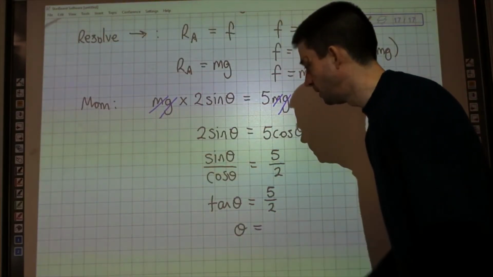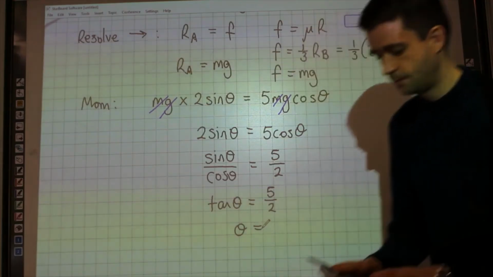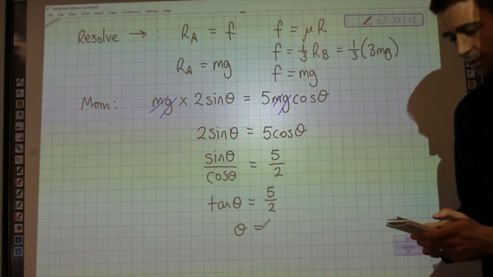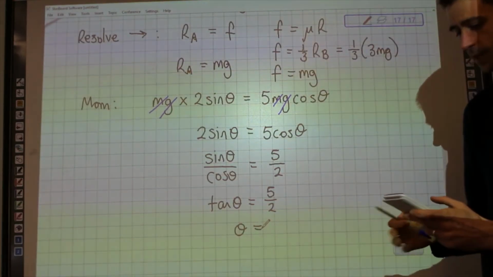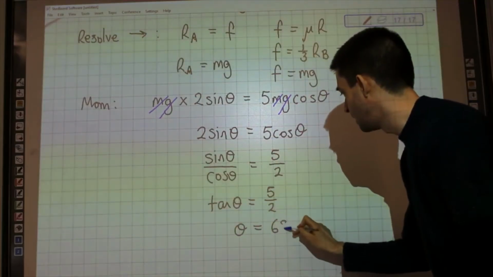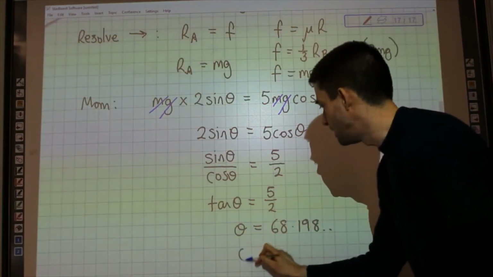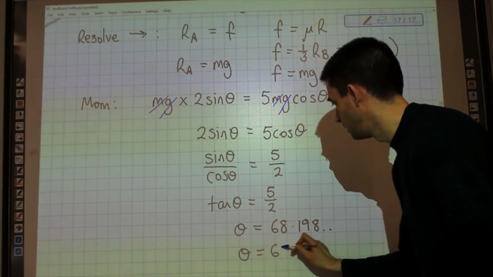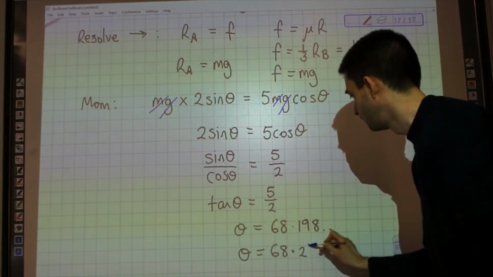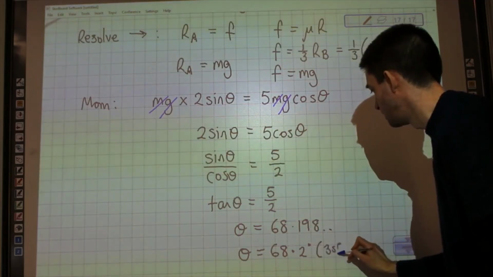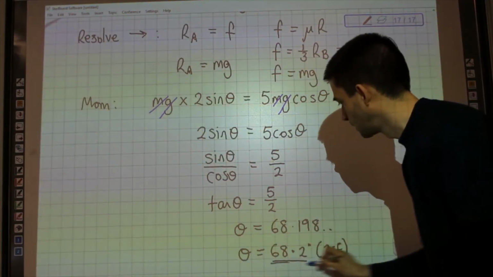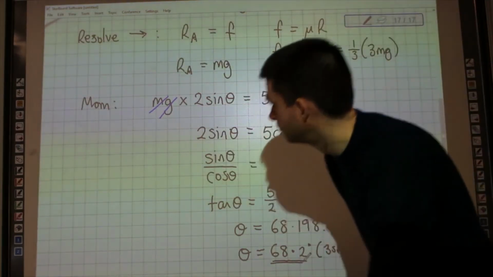So inverse tan 5 over 2 in degrees mode comes out as 68.198. So theta, the angle of inclination, 68.2 degrees to 3 significant figures.